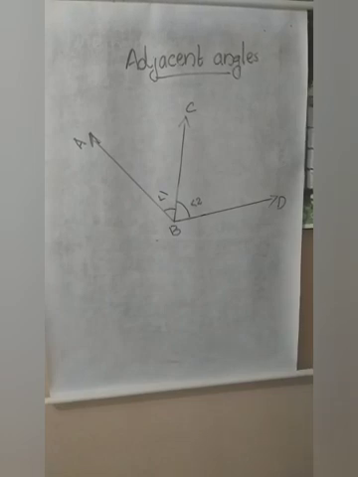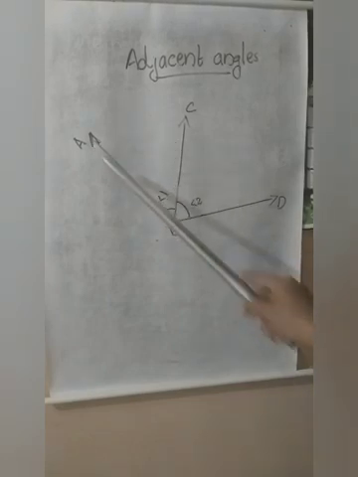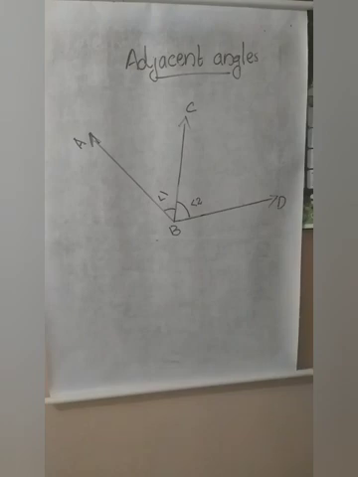Look at the figure here. A, B, C. This is one angle, angle 1. A, B, C and D, B, C. These are the two angles, in other words, angle 1 and angle 2. If angle 1 and angle 2 are to be adjacent angles, which are the conditions? There should be a common arm. Which is the common arm here?